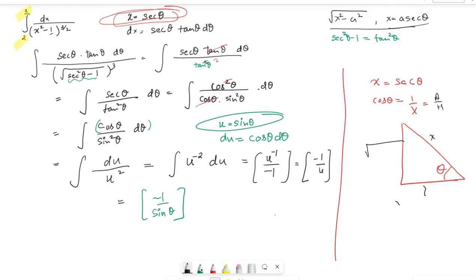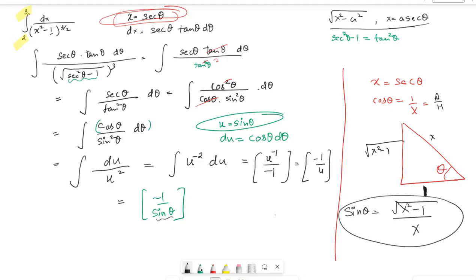Using these two sides and the Pythagorean theorem, we can find the other leg: hypotenuse squared minus the other leg squared. We want sine theta. Sine theta should be equal to the opposite leg, which is square root of x squared minus 1, divided by hypotenuse. So our answer is the reciprocal of sine theta, basically negative, negative is already there, x by square root of x squared minus 1. Now we're back in terms of x.